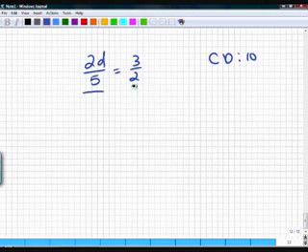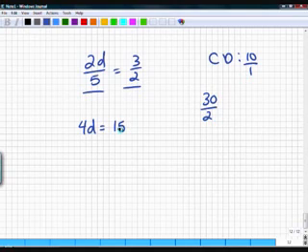I can take each of those terms and multiply them by 10, or remember, 10 over 1. Multiply this by 10 over 1, you get 20d over 5, which is 4d, equals. Multiply this over here by 10, what do you get? 30 over 2, which is 15.